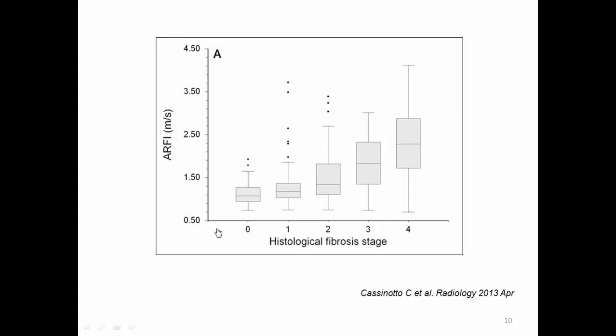We found that the shear wave velocity measured by ARFI increased as the degree of liver fibrosis progressed until liver cirrhosis. And for other imaging modalities, such as supersonic shear imaging or FibroScan, the results on this topic follow pretty much the same pattern.